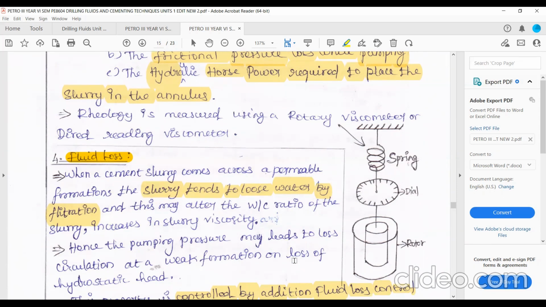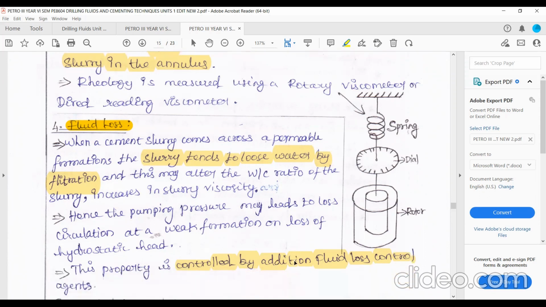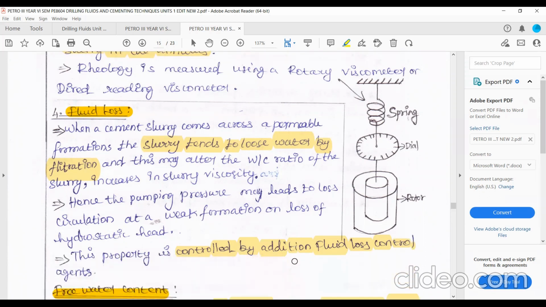When it keeps rotating, we'll be able to measure the rheological conditions, how viscosity is changing with temperature and slurry concentrations. That's what is called rheology. We'll be studying this as an experiment next year in the laboratory. Fluid loss is also being covered for you. What is fluid loss? The cement slurry tends to lose water by filtration. That means, we try to project here the slide that we have to picture.